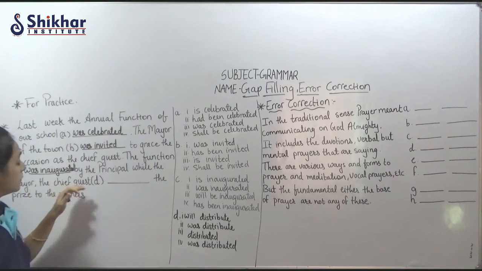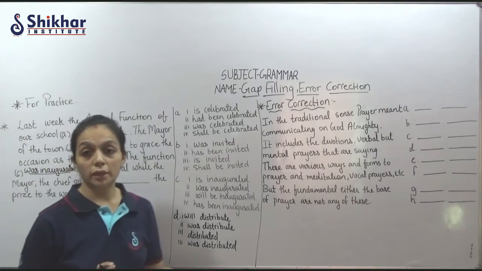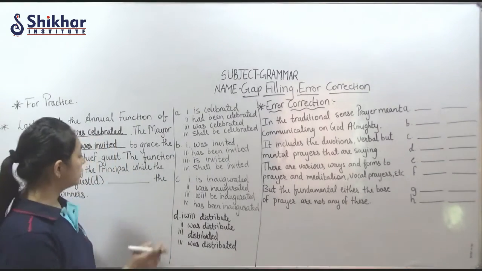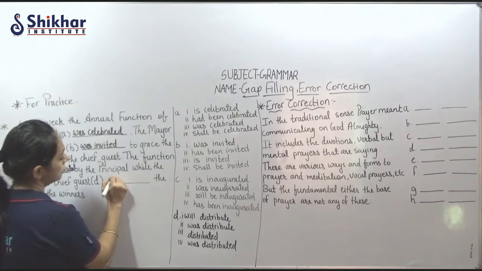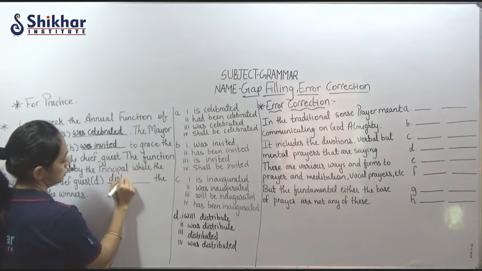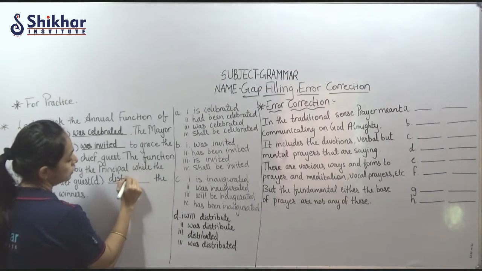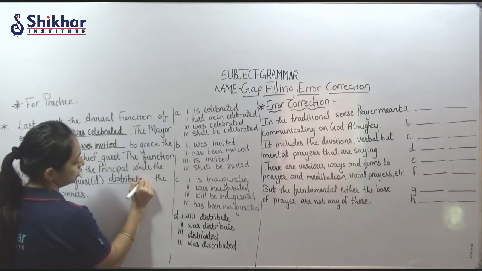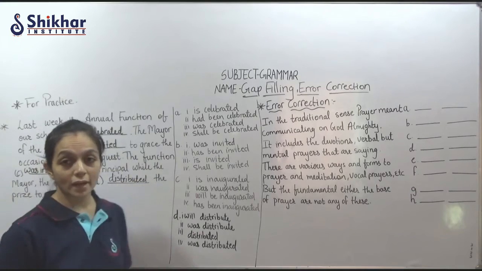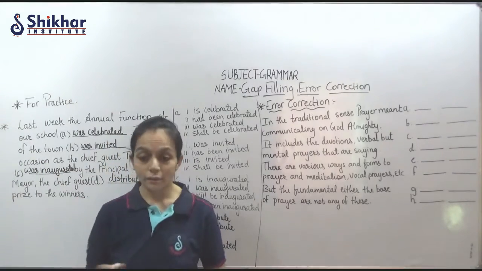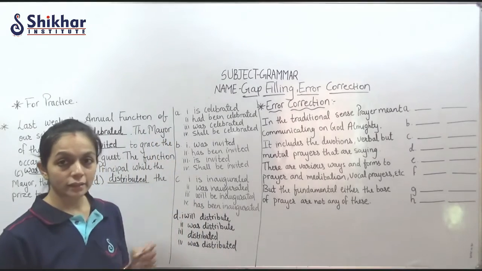While the mayor, the chief guest was distributed, no, distributed the prize, simple past, distributed the prize to the winners, correct?